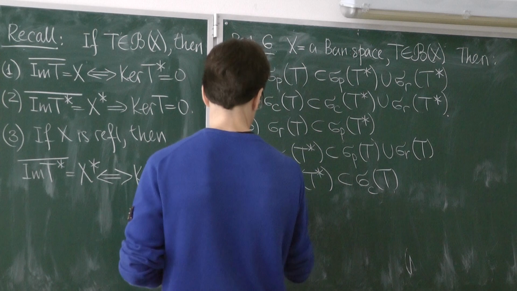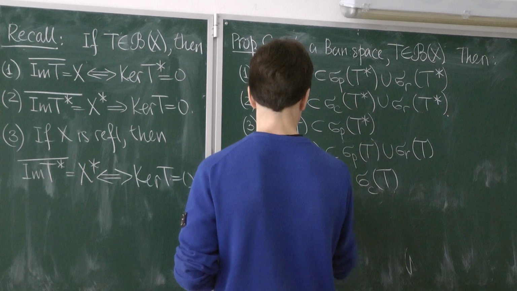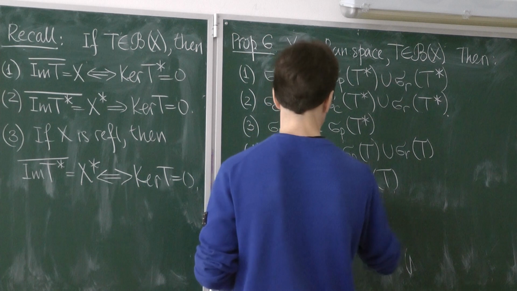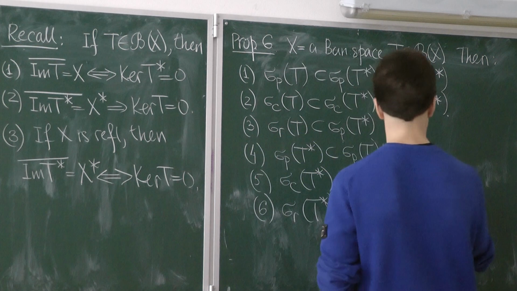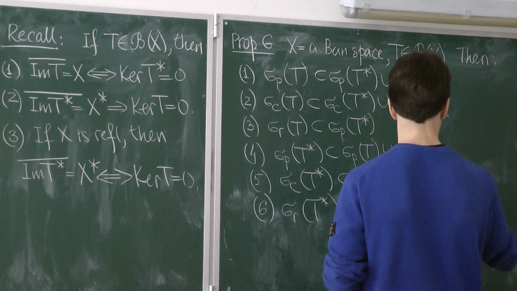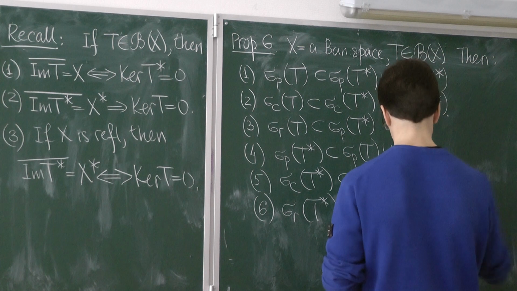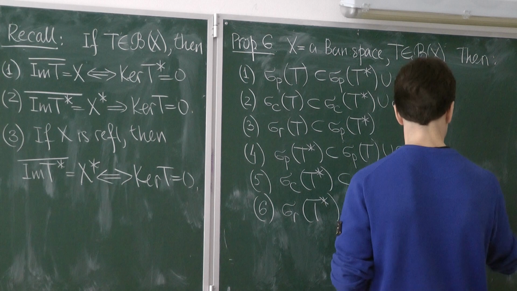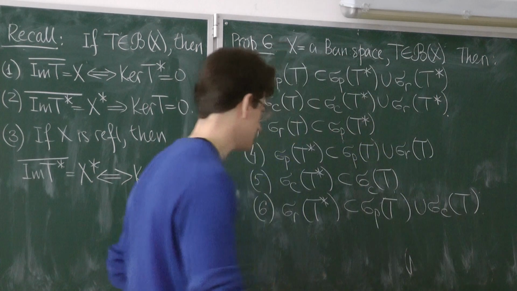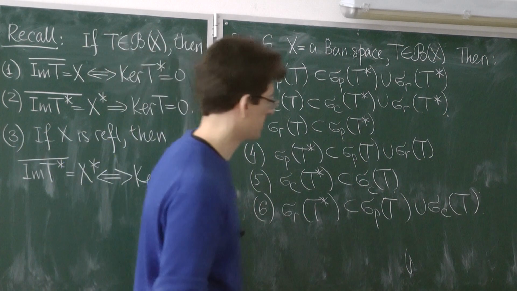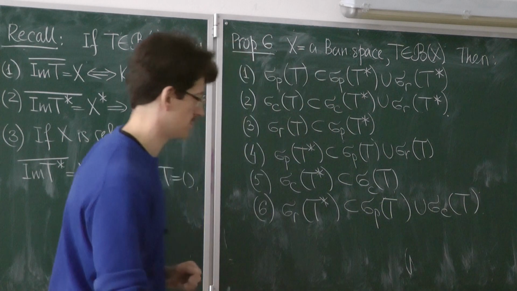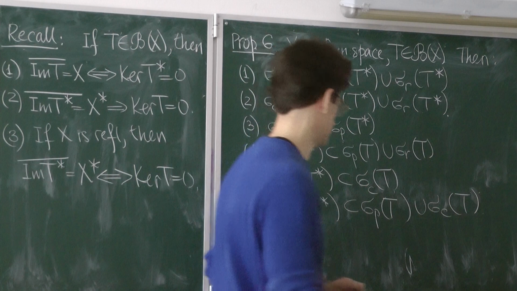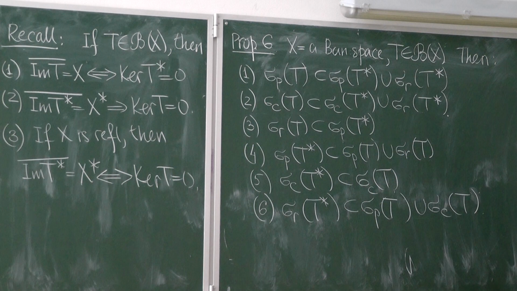And finally, the residual spectrum of T star is contained in the union of the point spectrum of T and the continuous spectrum of T. Unfortunately, we cannot just forget about this set. It's essential that here we have the union of 2 parts.